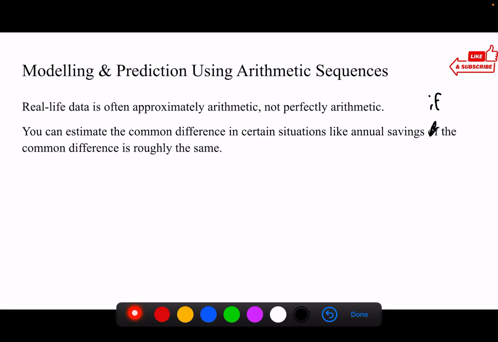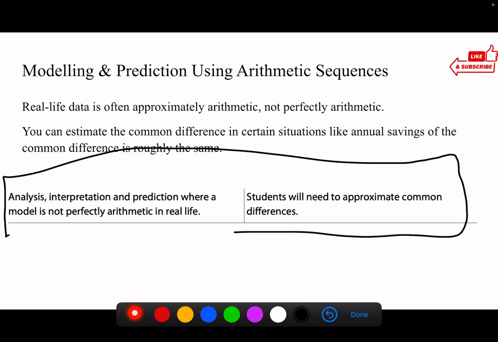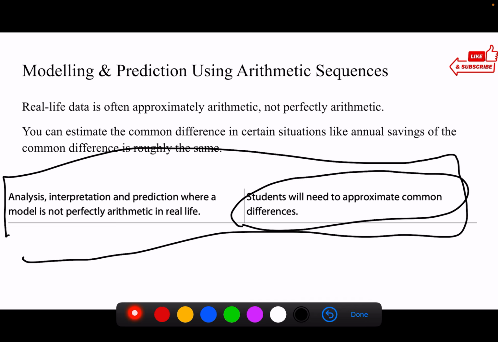So you have to know for the IB how to average the common difference and then how to calculate for a term or a sum based on that average. This is directly from the IB syllabus guide for both AA and AI, and it shows clearly students will need to approximate common differences. So this is something which you have to know.